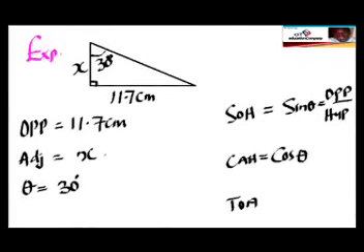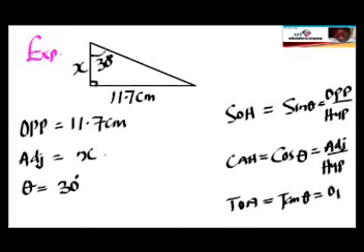So you have cosine theta is equal to adjacent over H, hypotenuse. Then for TOA, T stands for tangent. Tan theta is equal to O for opposite and A for adjacent. So here we have a formula that says sine theta is equal to opposite over hypotenuse, cosine theta is equal to adjacent over hypotenuse, and tan theta is equal to opposite over adjacent.